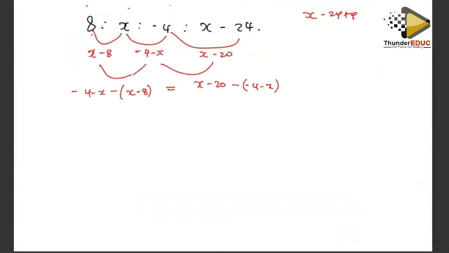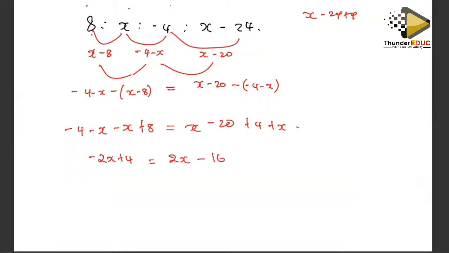So equate the two, meaning that I have negative 4 minus x plus 8 is equal to x minus 20 minus, this and this is a plus 4 plus x. All right, simplify, meaning that we have negative 2x plus 4 is equal to 2x minus 16.